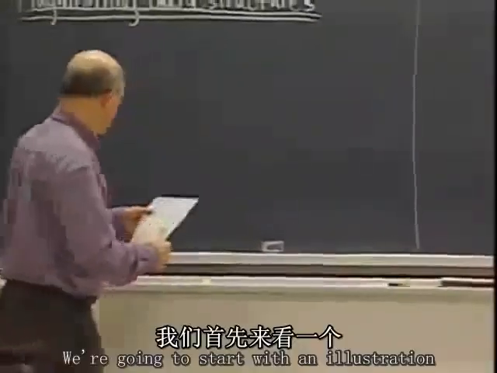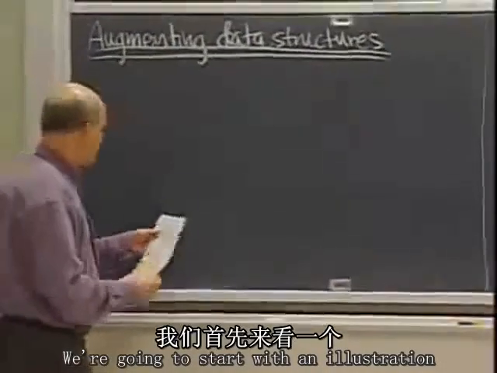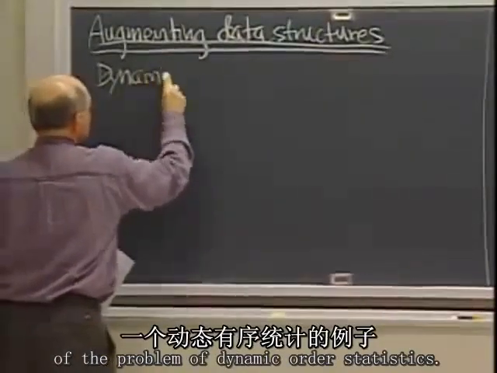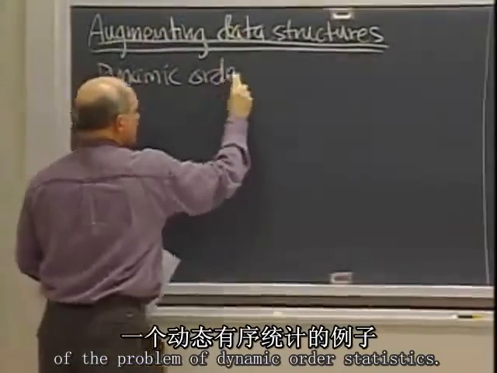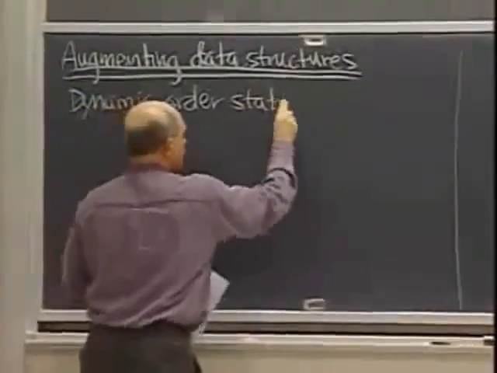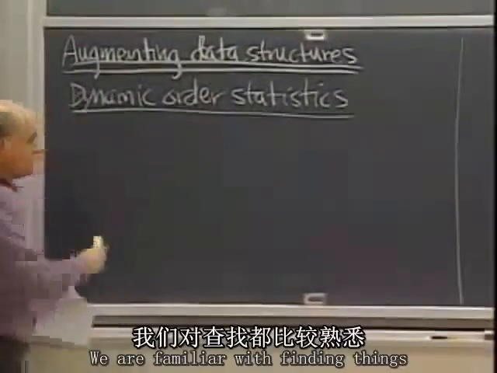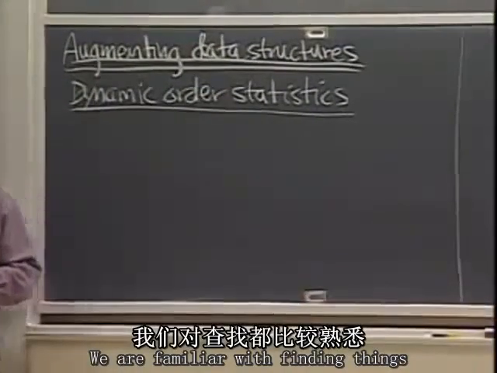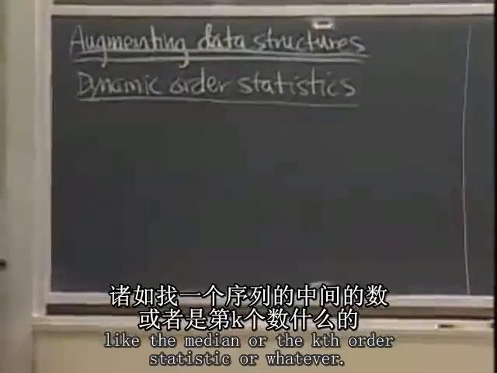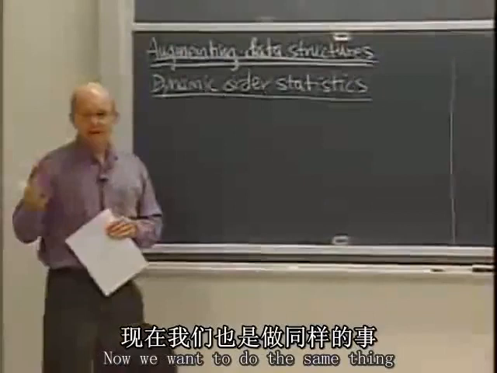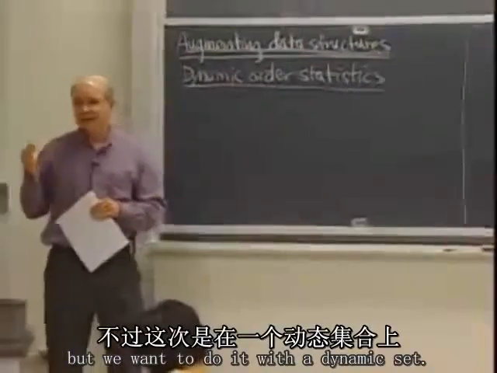Okay, we're going to start with an illustration of the problem of dynamic order statistics. We're familiar with finding things like the median or the kth order statistic. Now we want to do the same thing, but with a dynamic set.